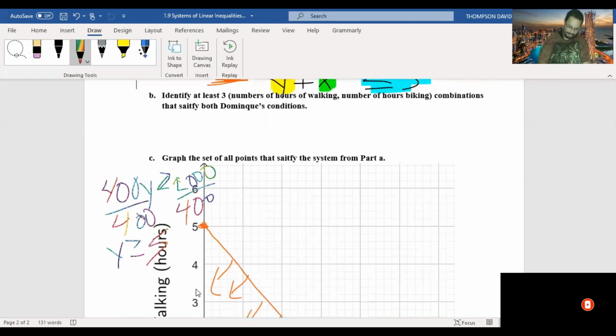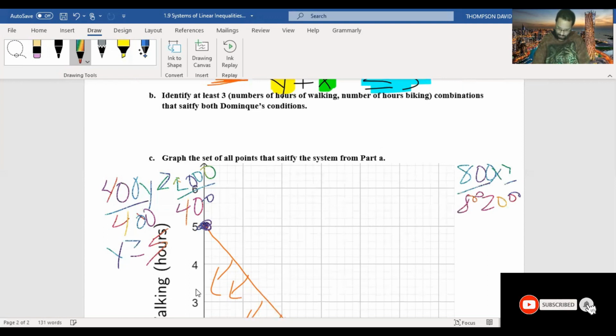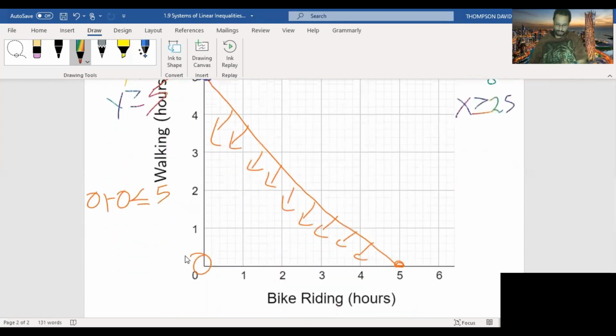We already have that plotted. Then 800x is greater than or equal to 2,000, so we'll divide everything by 800. 2,000 divided by 800 is 2.5, so x is greater than or equal to 2.5. On the x-axis, we're going to graph at 2.5.